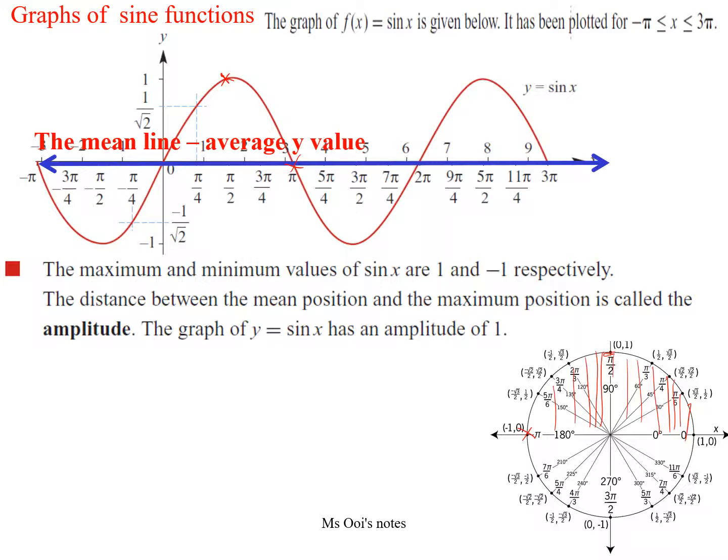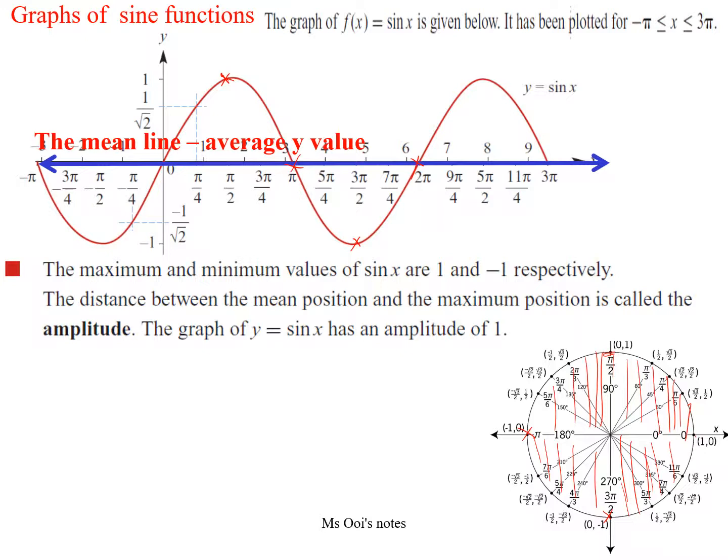All right, and then the y value turns negative, gets more and more negative, and the minimum is at -1. So at 3 pi over 2, it is -1. And then it gets less and less negative and becomes 0 at 2 pi.